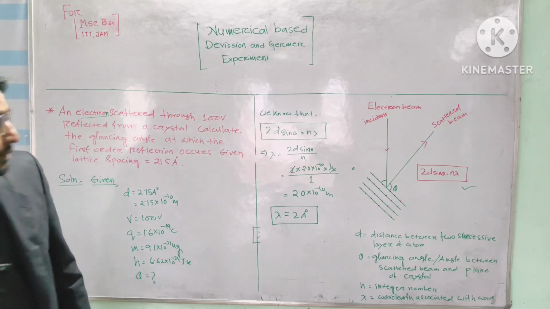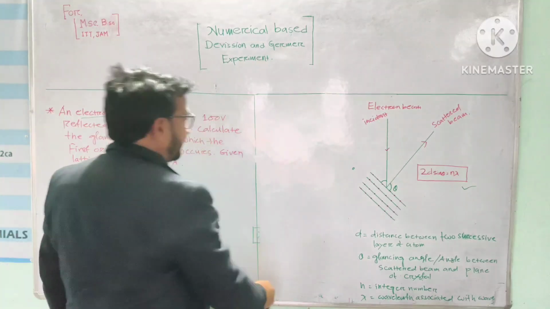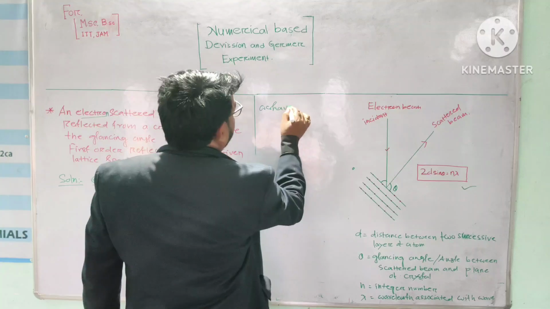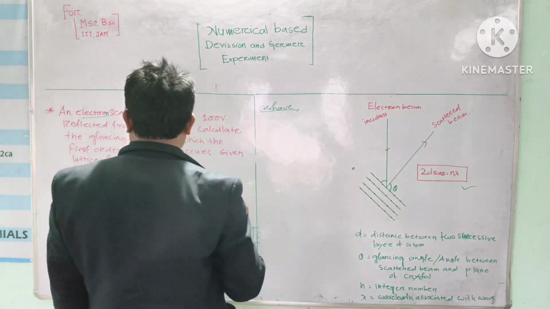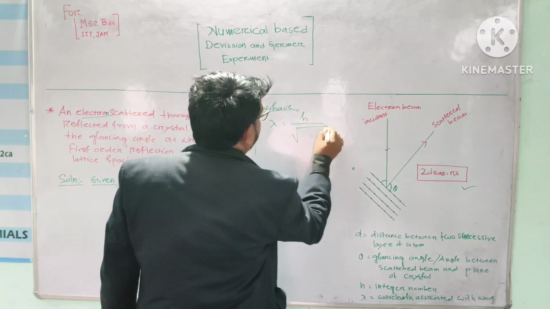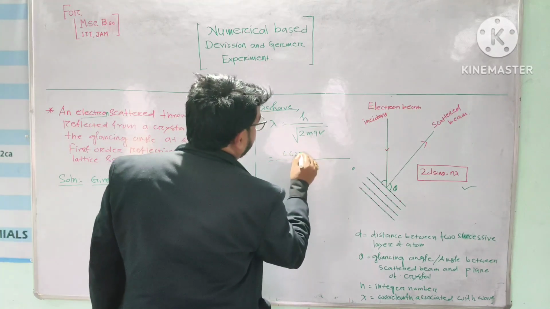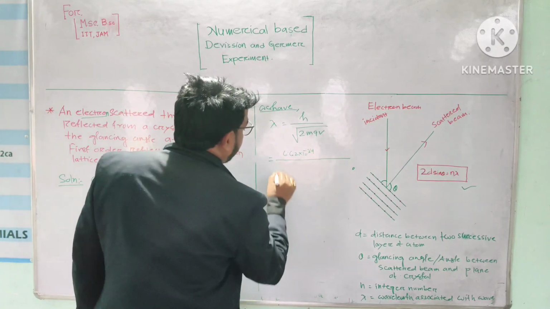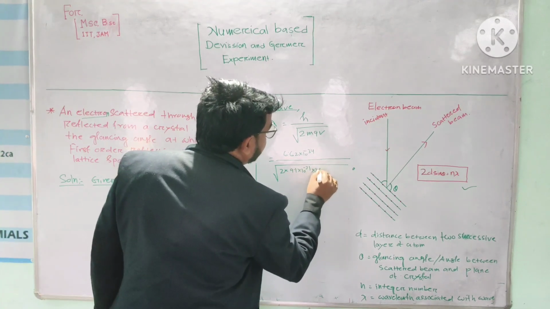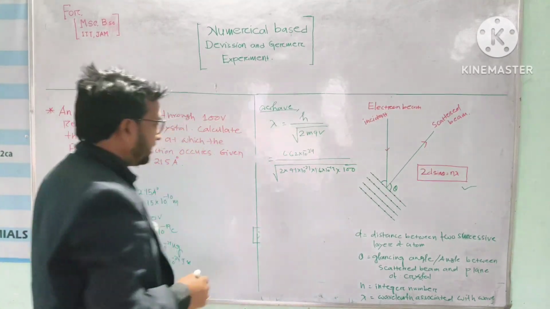So first of all we are going to find out lambda by using the de Broglie wavelength in terms of voltage. By using the de Broglie wavelength of electron in terms of potential difference, lambda equals h by under root of 2mqV. The value of h equals 6.62 into 10 to the minus 34, and under root of 2 into 9.1 into 10 to the power minus 31 into 1.6 into 10 to the power minus 19 into V, which is 100 volt.